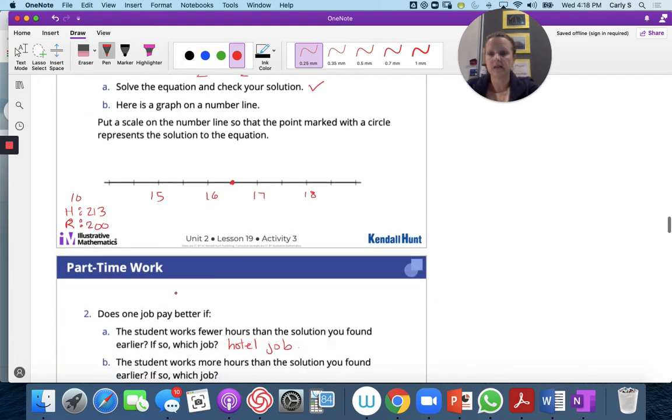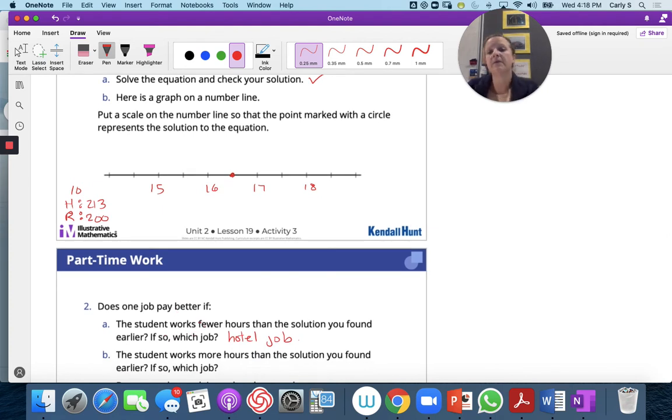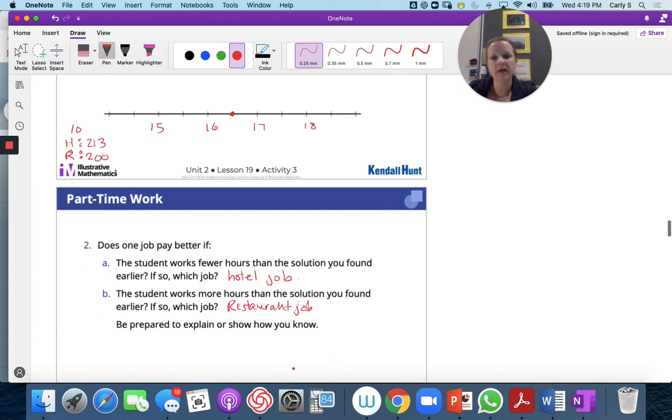So this just tells us that if a student works fewer hours than the solution we found, the hotel job pays better. If the student works more hours than the solution you found, it would be the other one, the restaurant job. And I just plugged in some numbers and checked it out, and you can do that too.